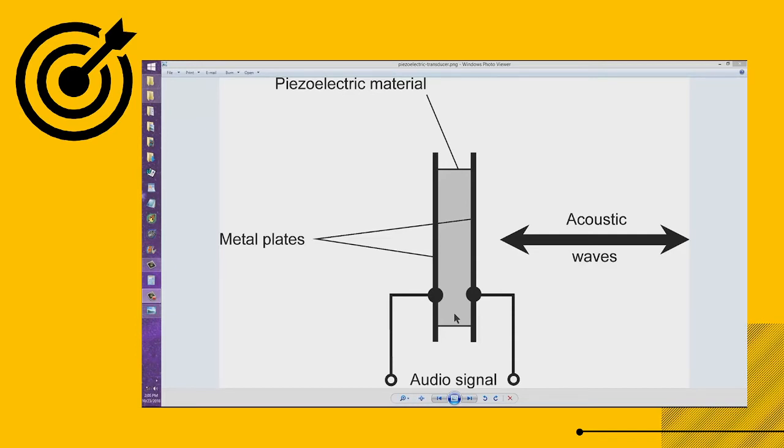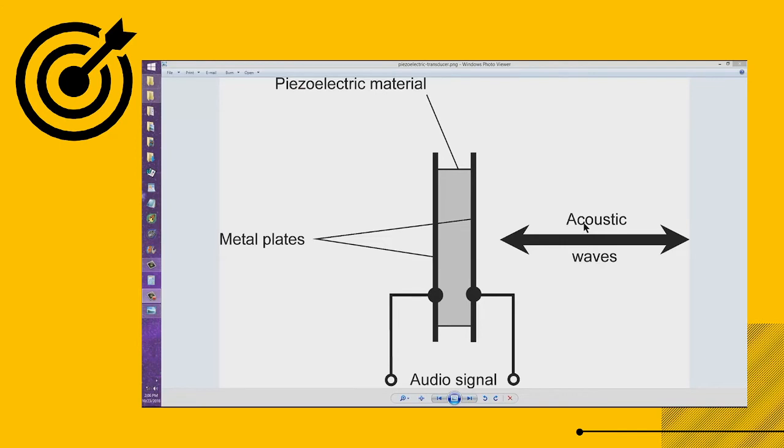Maybe these at radio frequencies are commonly used for signal generation in oscillators. But you can also use them in audio applications as microphones or speakers.